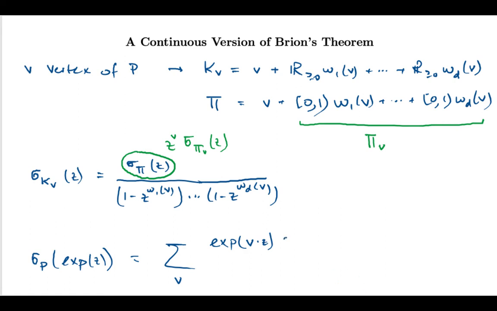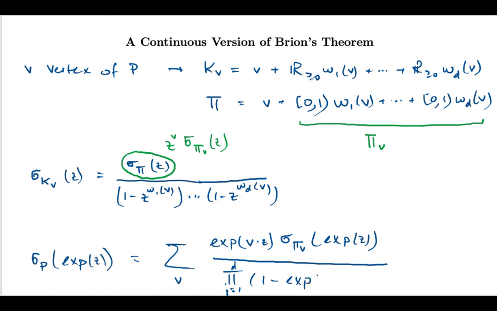Then I have the integer point transform of this parallelepiped pi v. And my product in the denominator, let me write it as a product over j from 1 to d. I now have, again, exponential variables. So I have 1 minus an exponential variable w j dot z.